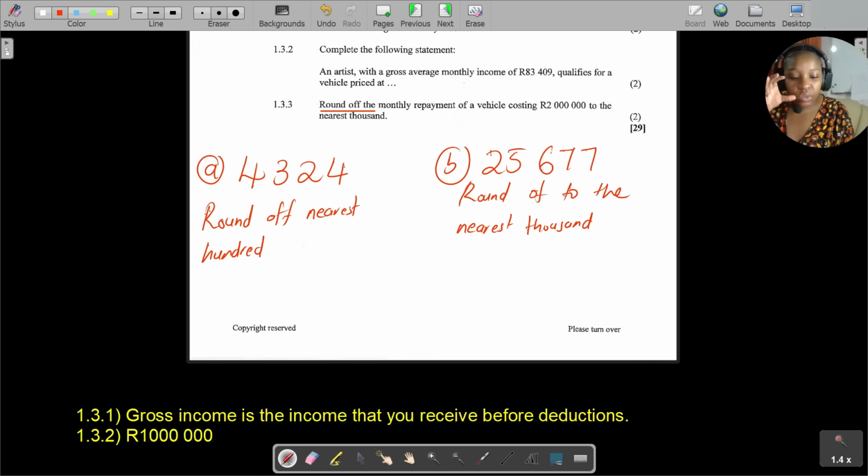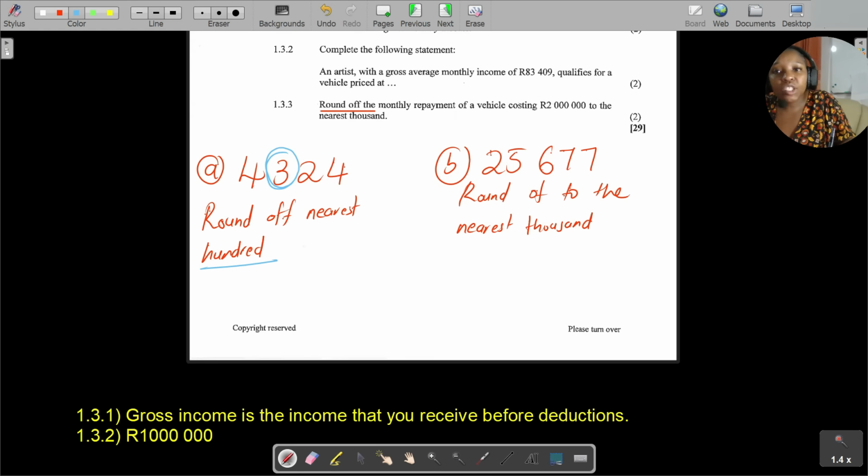So what do we need to do in these situations, right? If you want to round off to the nearest 100, I always just say this to my learners: just go to where the question is asking you to go. Nearest 100. So where do you go? Go to the number that is in the place value of the 100. It's there. Okay, so that means that we want to determine if we need to change that 3 or not, right?